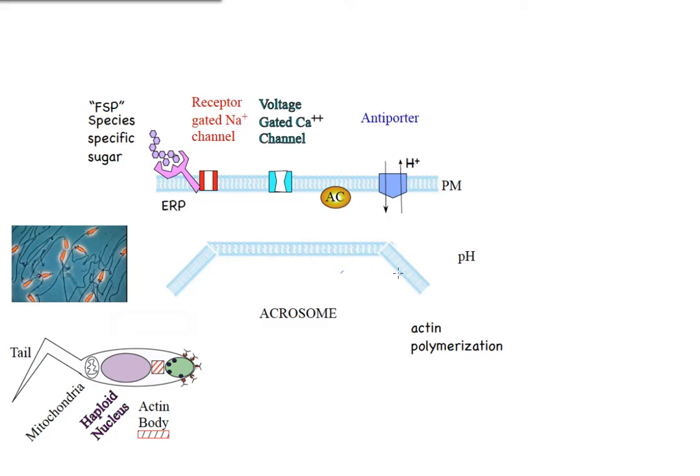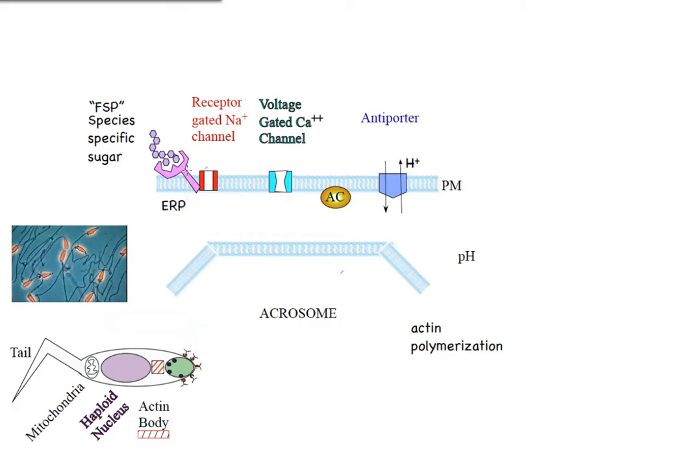This is the acrosomal membrane here. Here is part of the jelly coat of the egg, a fucan sulfate protein or something like that. I forget exactly what it is, but it's a sugar sulfate that the egg recognition proteins recognize.